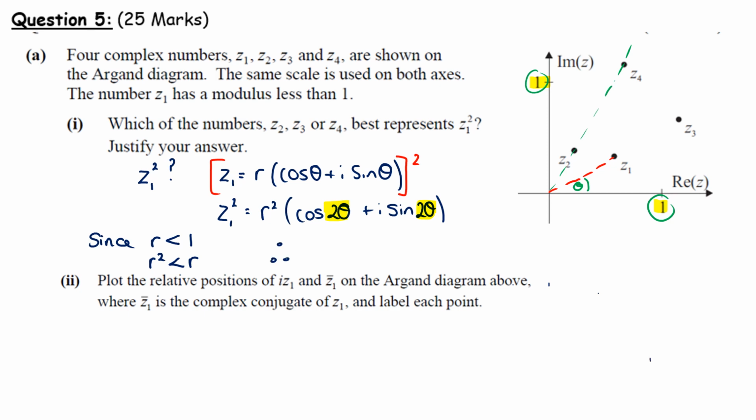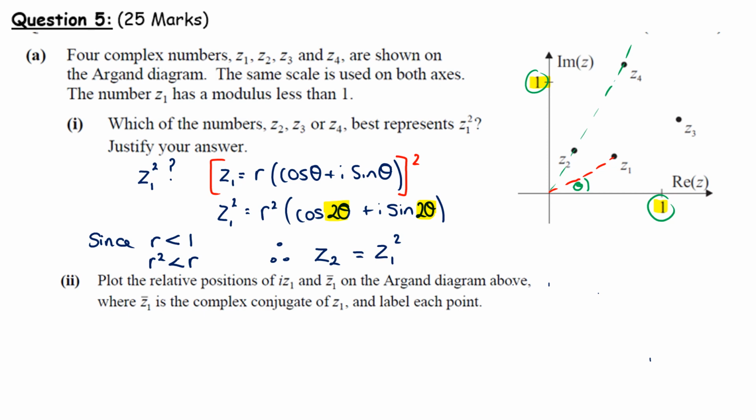Therefore z2 is the best representation of z1 squared. The angle gets us so far, but then we really need to be on the ball looking at the diagram, seeing that the modulus is less than 1, because that makes a huge difference. So if you said z4, you're on the right track, but just be very careful with regards to reading the question.